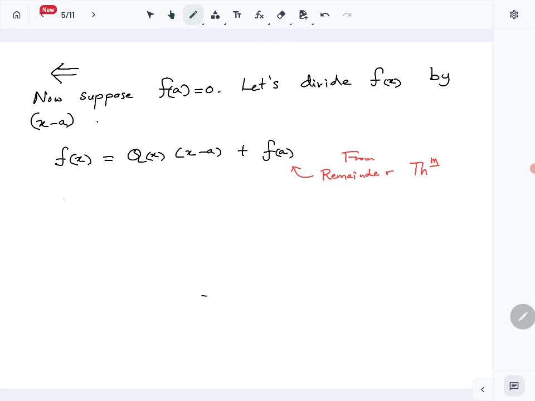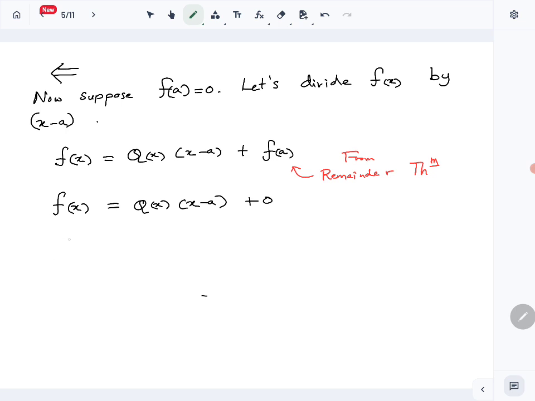Now what was our starting point? f of a is equal to 0. So then what happens? q of x times x minus a plus 0, because we know f of a is 0.